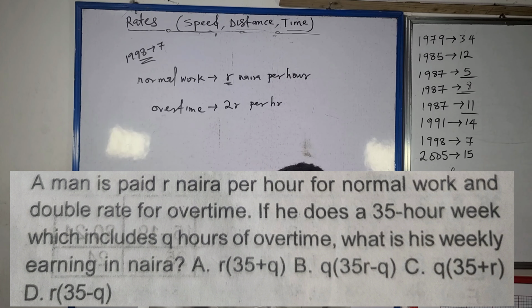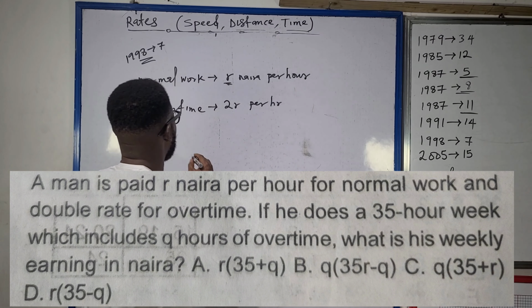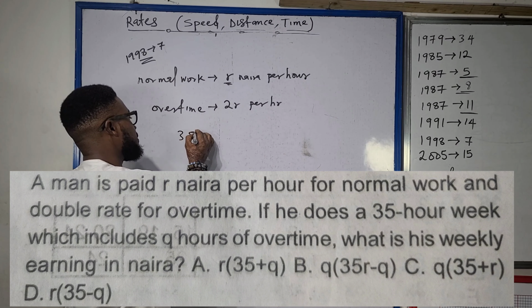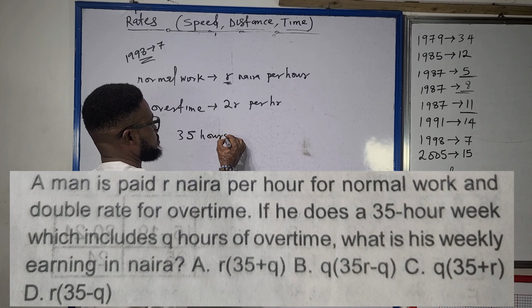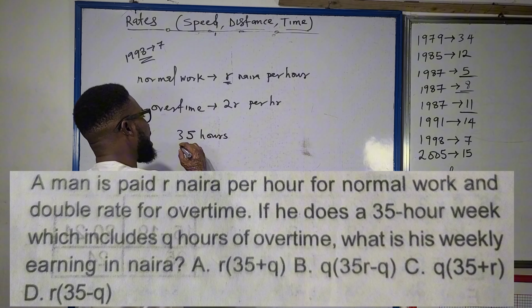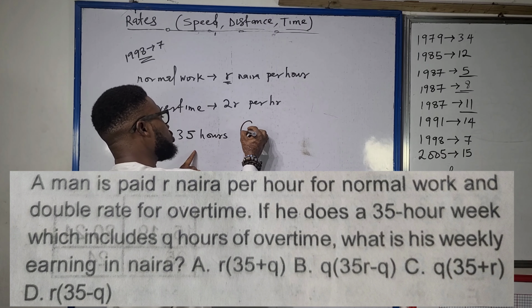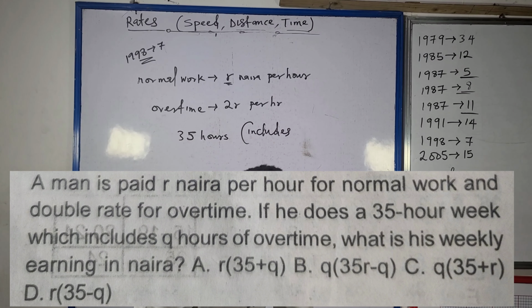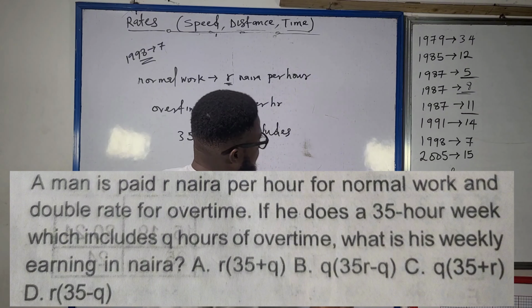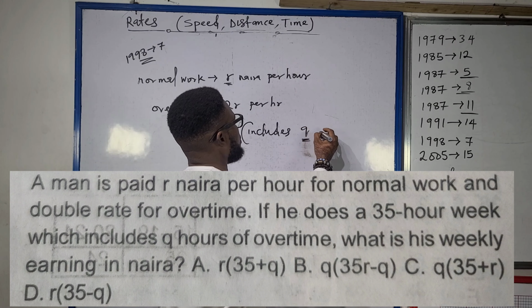which includes Q hours of overtime, so this person has done 35 hours this week, and this 35 hours includes Q hours of overtime.